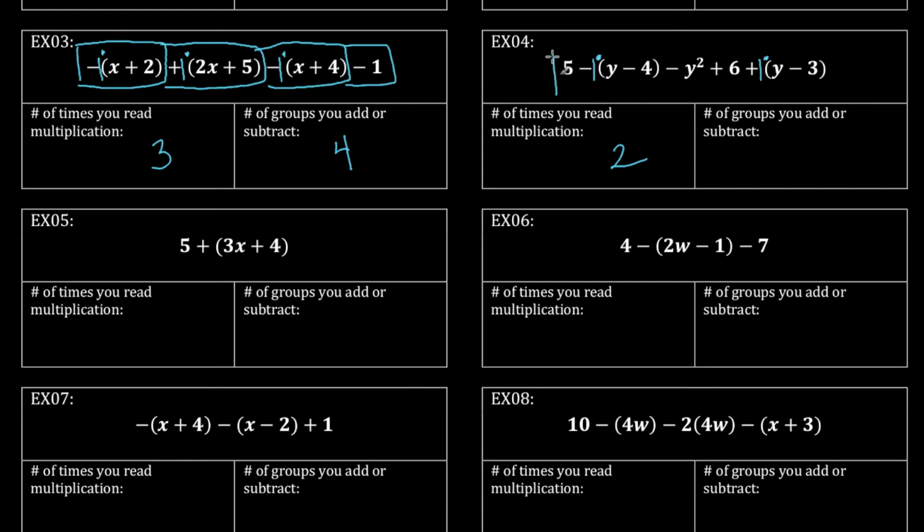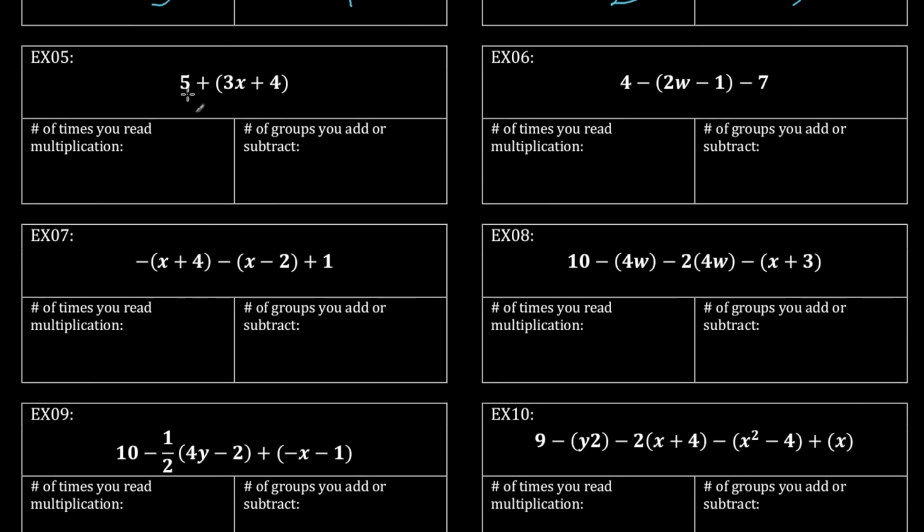So we start off with 5, and then we take away y minus 4, and then we take away y plus 2, and then we add 6, then we add y minus 3. So 1, 2, 3, 4, 5 groups.